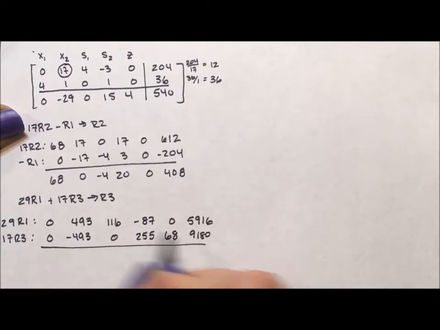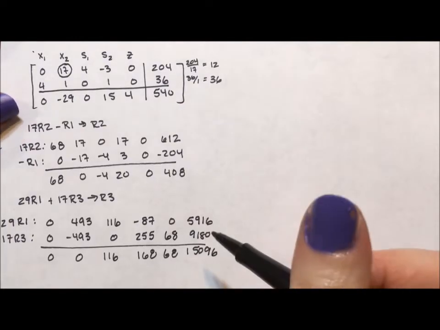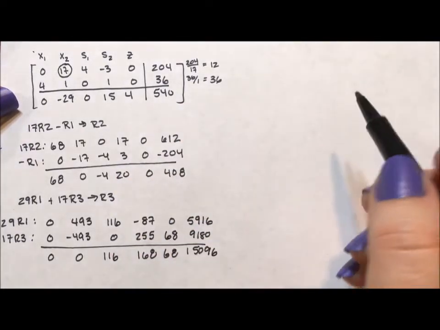And when I add these together, I'm going to get a 0, 0, 116, 168, 68, and 15,096.